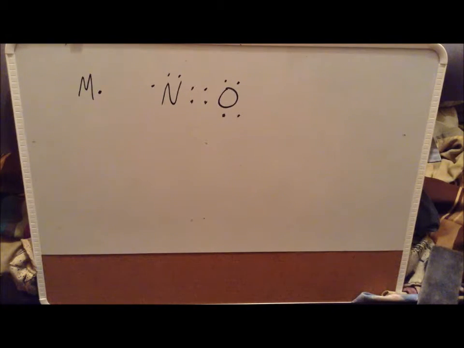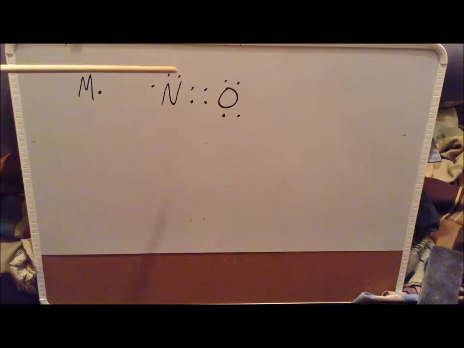So now let's take a look at the formal charges on this particular molecule. We notice it's written as a nitrogen-oxygen double bond, and the experimental evidence is consistent with that particular bond order. Nitrogen starts with 5 valence electrons.